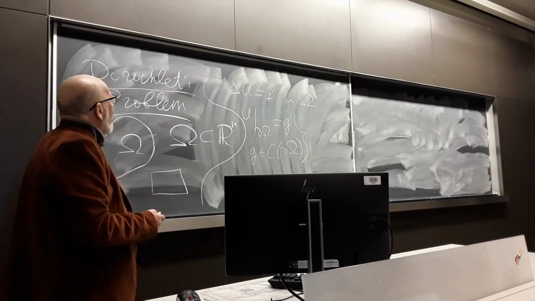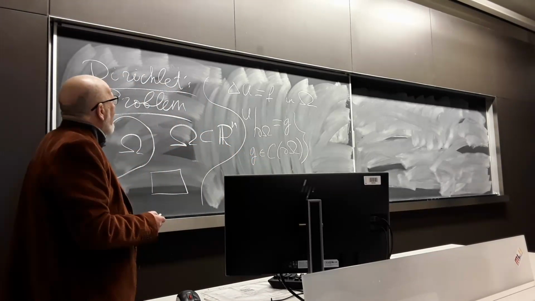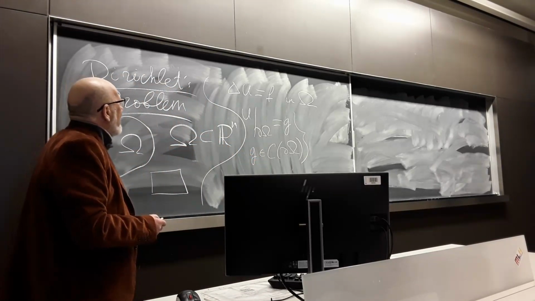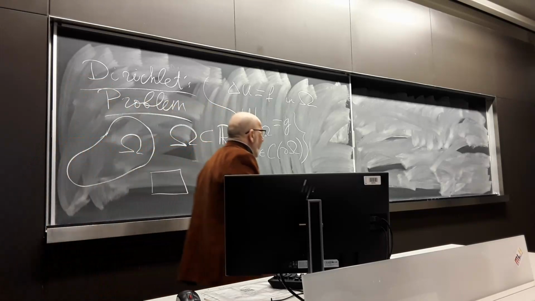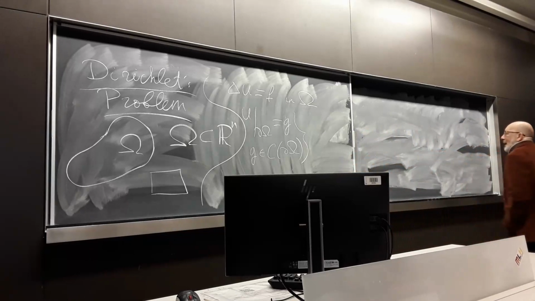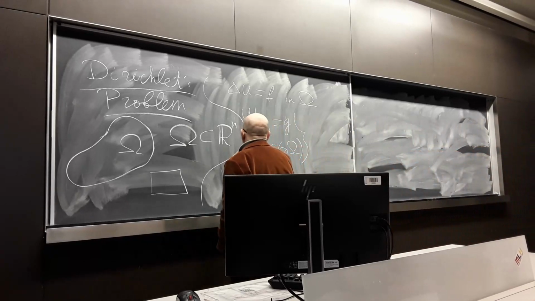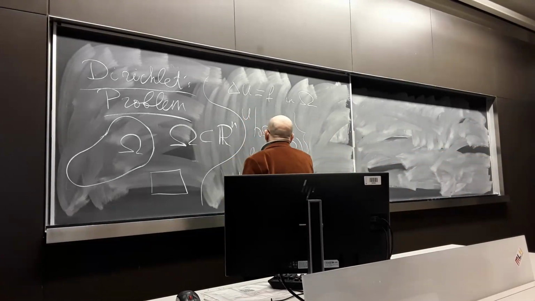Now we can split this problem a little bit into two problems. So let us write u equals v plus w.